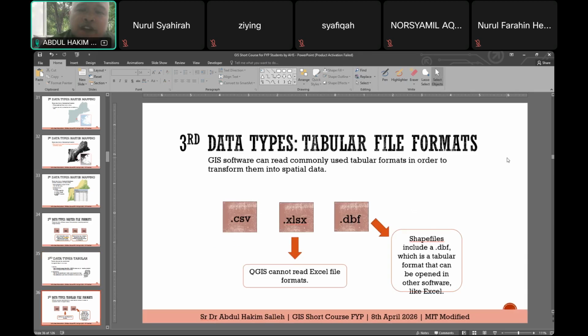Usually the file format of table data is Excel. This is the latest Excel, XLSX. Recently I found that it cannot be used in Quantum GIS. I actually confused it with ArcGIS. That means ArcGIS can use this format, XLSX, the Excel file extension.